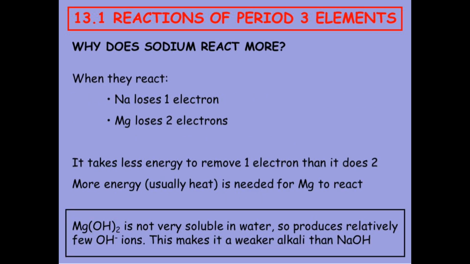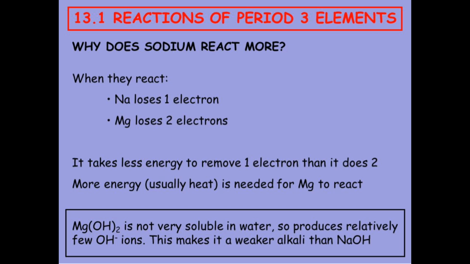Okay, so why do sodium and potassium react more than magnesium and calcium? Sodium and potassium will lose one electron, while magnesium and calcium will lose 2 electrons. Of course, we know that it takes less energy to remove 1 electron than 2.